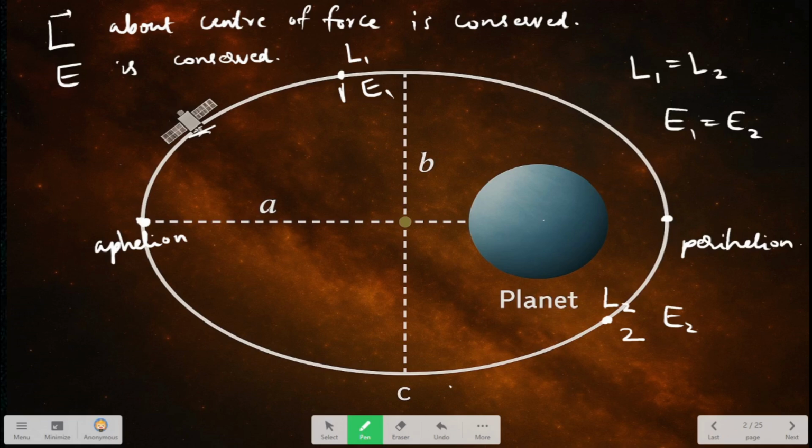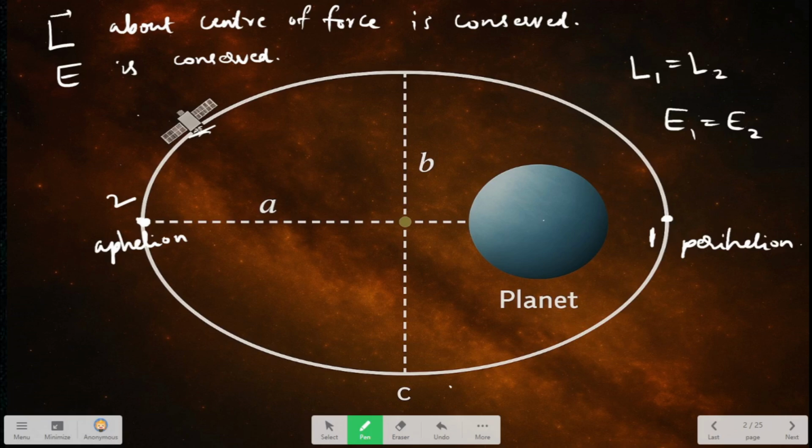So this is our point 1, and this is our point 2. Then L1 is equal to L2.